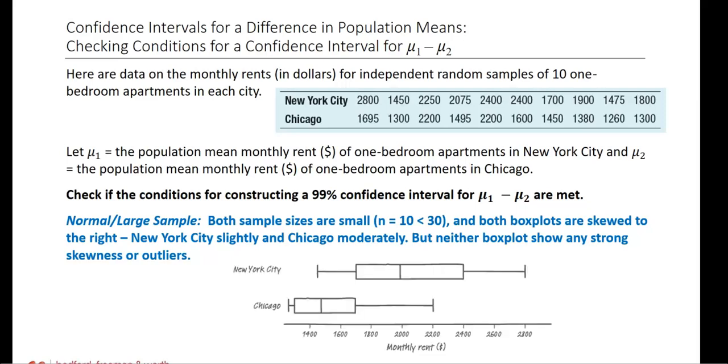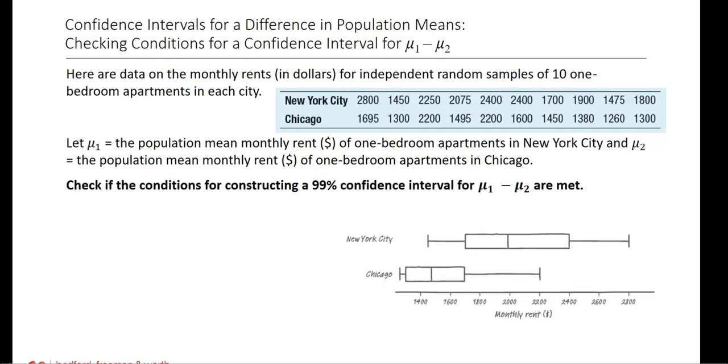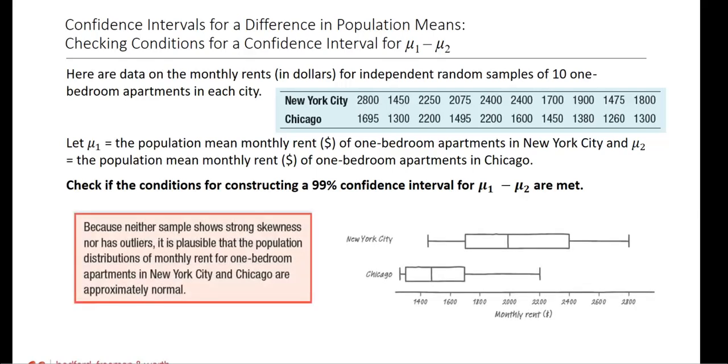But they showed the graphs and they said, well, they're a little skewed, but not majorly skewed, and there are no outliers. So that's good. So you can do both graphs in one. I like that idea as well, with a dot plot or a box plot there, kind of like the calculator did. Again, that's the reason we think that the population could be approximately normal.